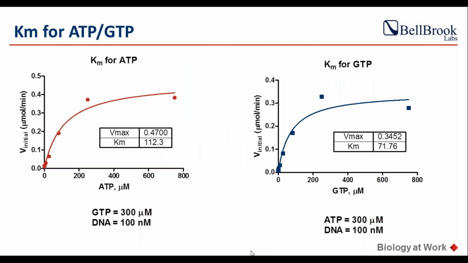Okay, so we went ahead and determined the KM to make sure that we are running these assays under standard conditions. There are different ways of determining KM. In this particular example, we kept the GTP at 300 micromolar and DNA at 100 nanomolar, and determined the KM for ATP, which is about 100 micromolar, and that is well in the range of what's published in the literature, between 90 and 150.